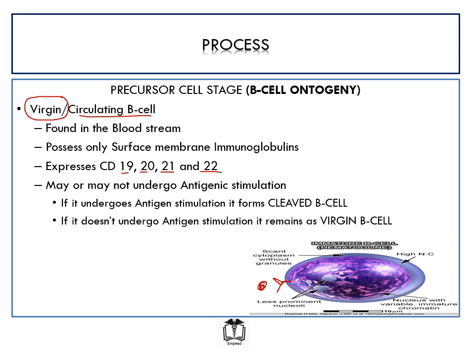This leads to the virgin B cell expressing CD23, and then the virgin B cell migrates to the lymph node. So they move from the bloodstream into the lymph node, and at that lymph node they start to mature. The very first cell that they mature into is what we call the cleaved B cell, and this is the next step of the process of lymphopoiesis for the B cell lineage.